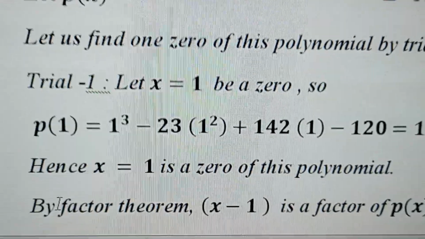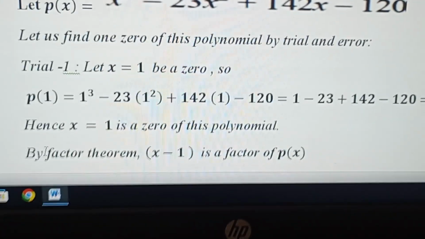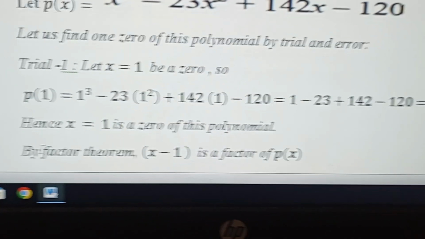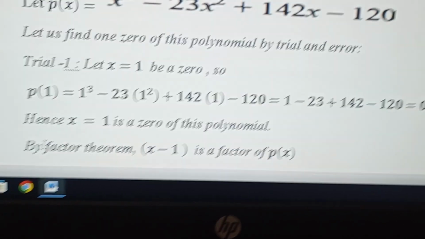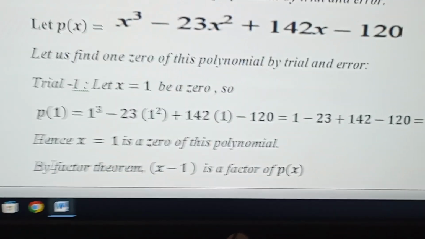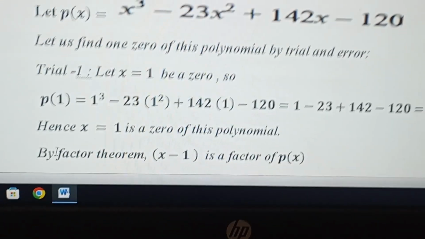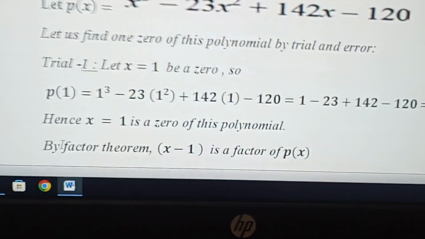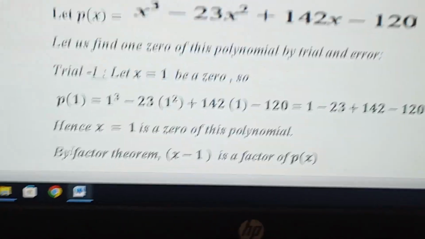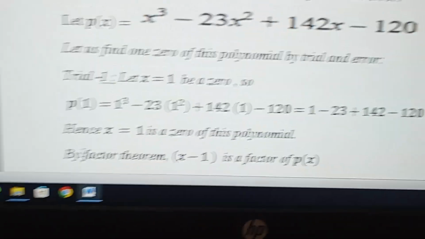That's it. By factor theorem again, we can conclude that x minus 1 is a factor of p of x. To recollect the factor theorem, if x minus a is a factor of a polynomial p of x, then p of a equals 0.